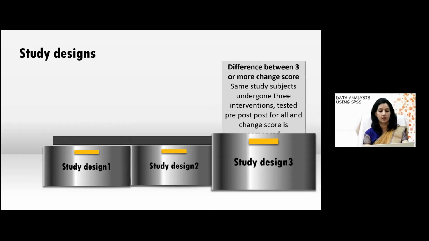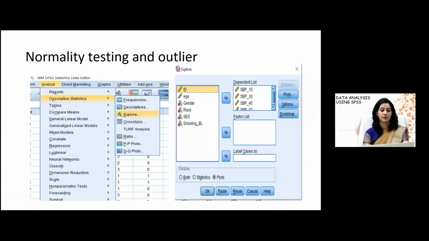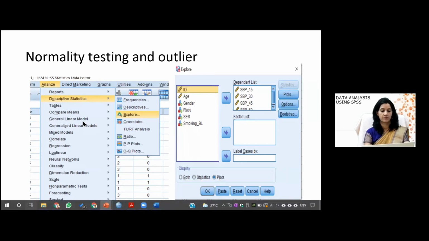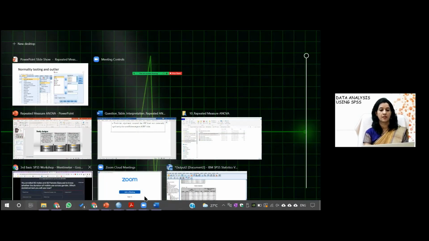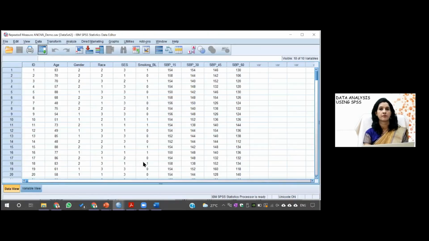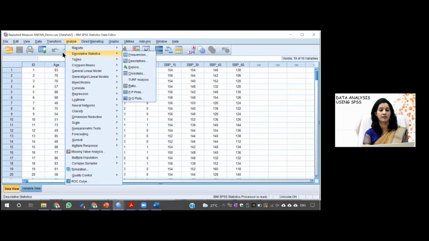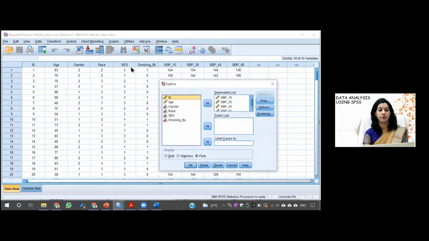So coming to this data set, I will do the normality testing. I showed this to you yesterday. So Analyze, Descriptive, Explore.